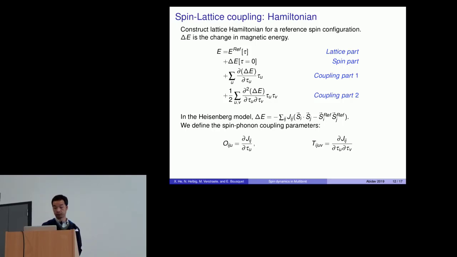If we consider the spin system as a Heisenberg model, then we can define two parameters, which are the first derivative and the second derivative of the exchange parameter with respect to the atomic displacement.